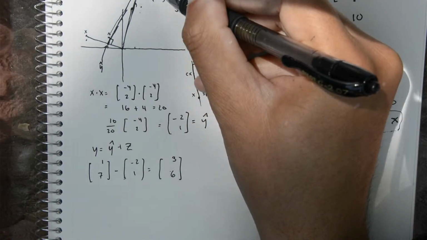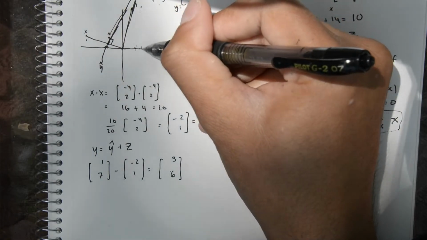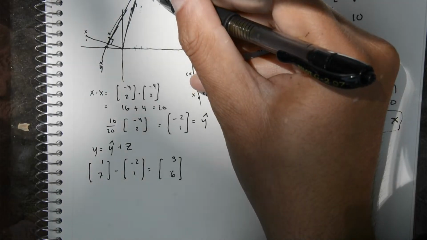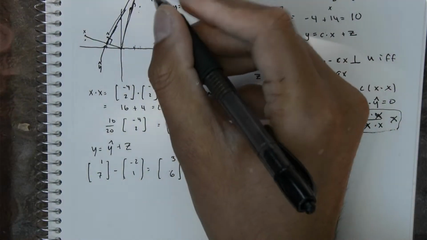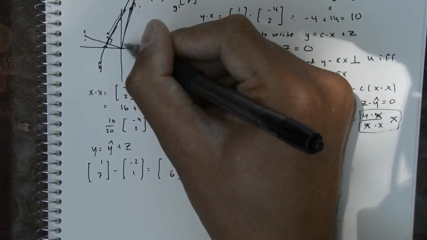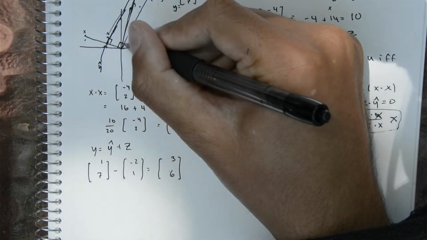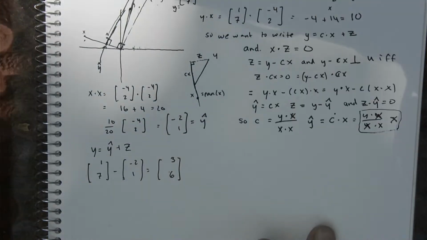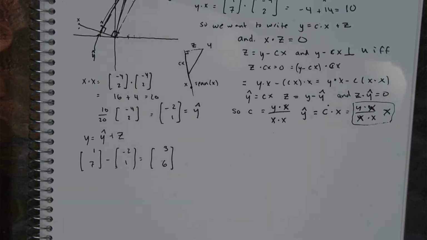Or rather, it'd be over here, something like that, right? 1, 2, 3, 6 or something. And then this would be right, because this has to form a right angle.